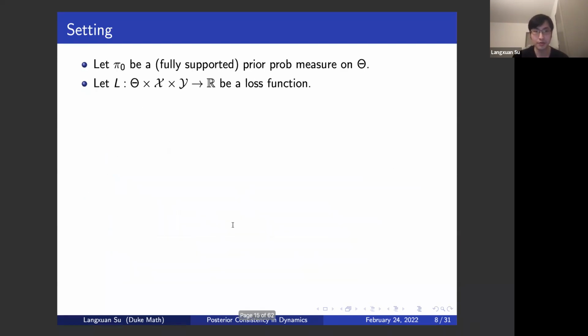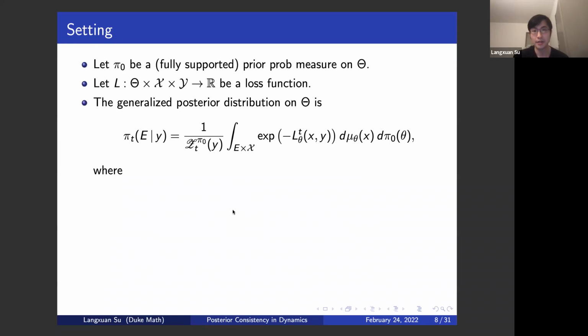So this is just the formal description. And then, as usual, we have the prior probability measure on theta. And then we have the loss function as described in the previous page. And we develop our generalized posterior distribution, as also mentioned in the previous page, by integration of every parametrized measure on a state space, and then we integrate with respect to all the parameters.